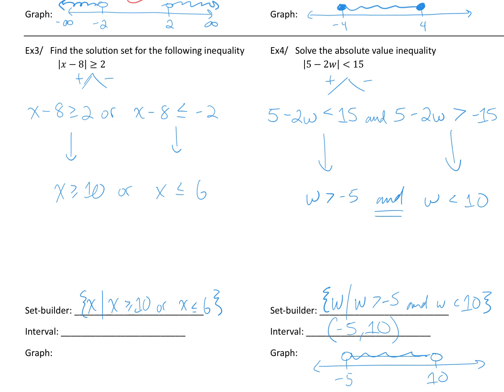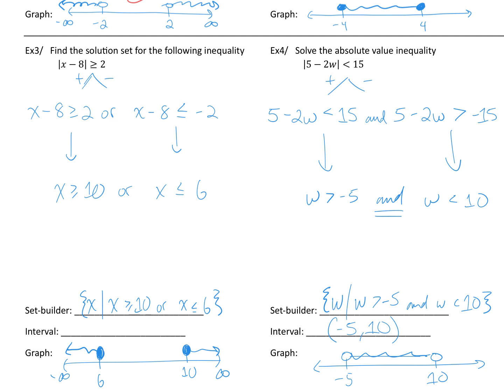And then the graph will be 10 with a closed dot going to the right, and a 6 with a closed dot being shaded to the left. So I need my infinities here, negative infinity on the left side, positive infinity on the right.